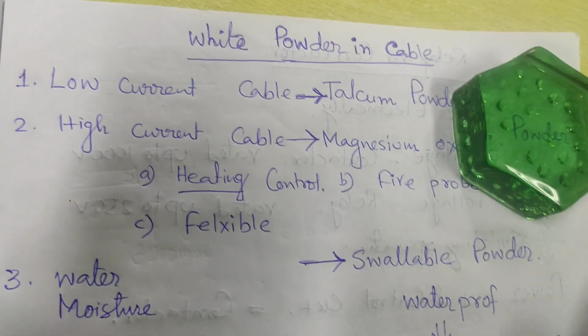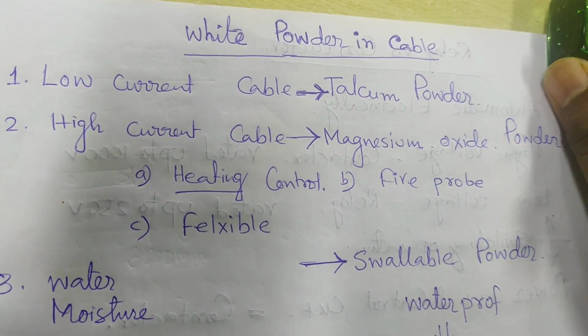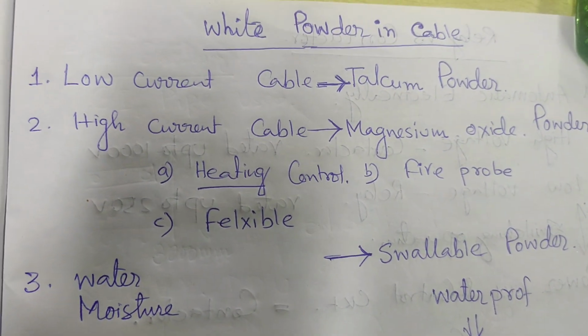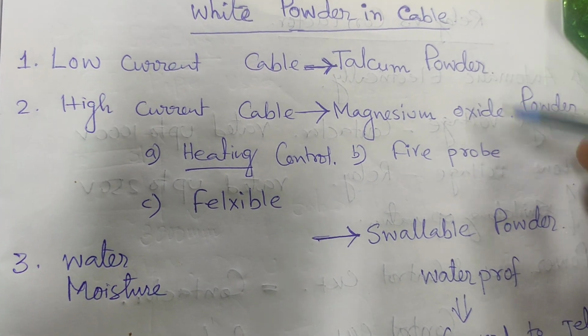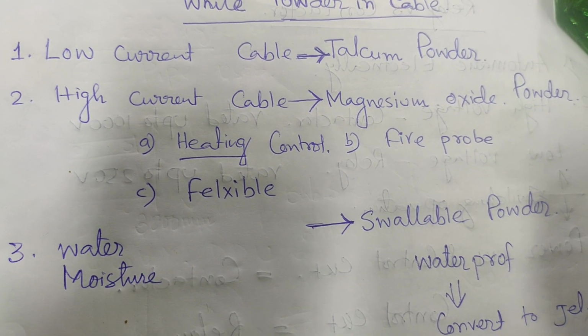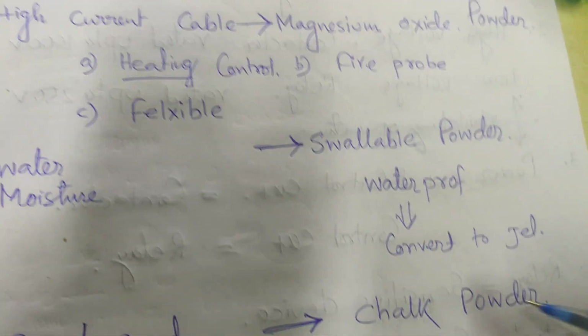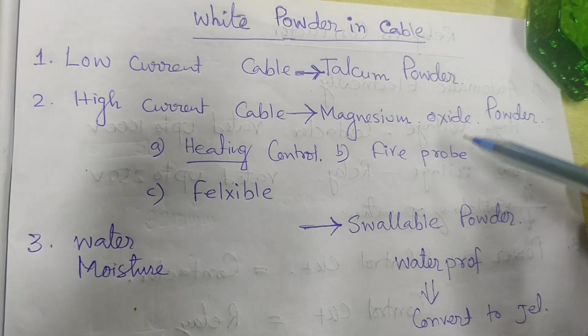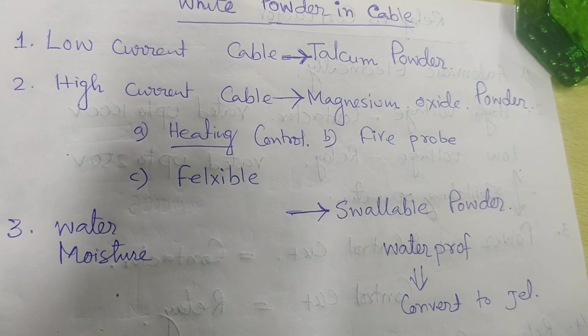So friend, today's discussing topic was about why the white powder is used. All the types of powders are white: talcum powder, magnesium oxide powder, soluble powder, and chalk powder. Different types of powders have been used for different work.